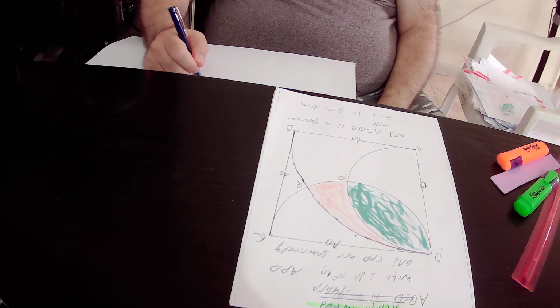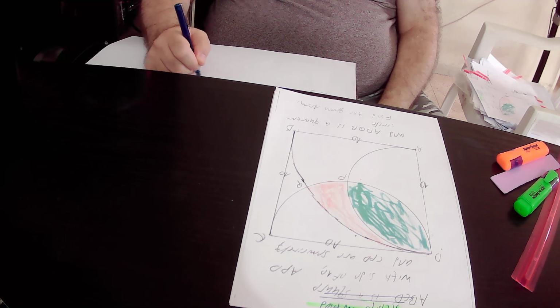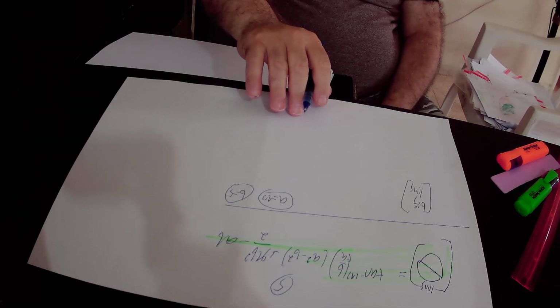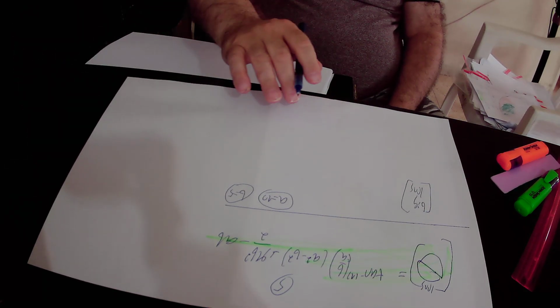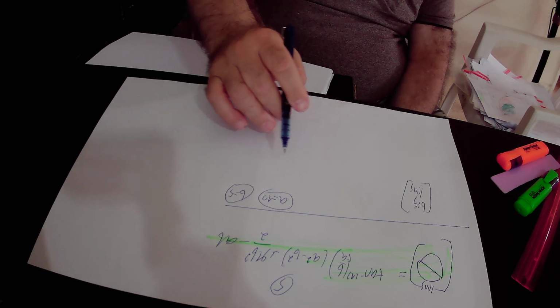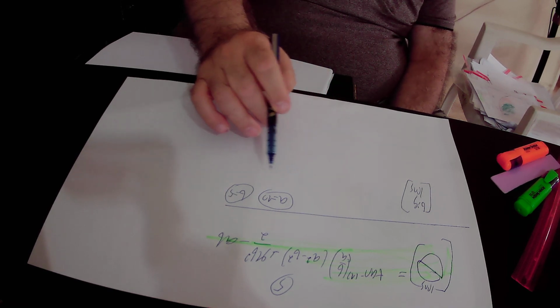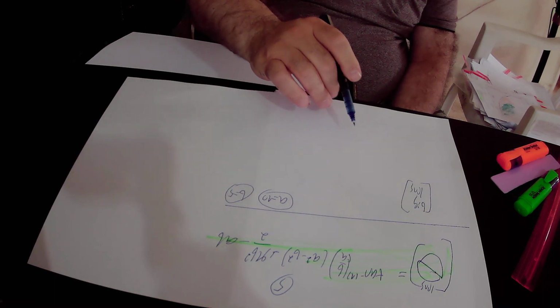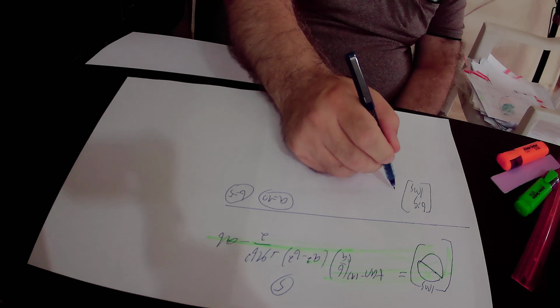So B equals 5. We know that A equals 10, B equals 5, so we'll put the values of A and B inside this formula, and we'll find out the area of the big lens.